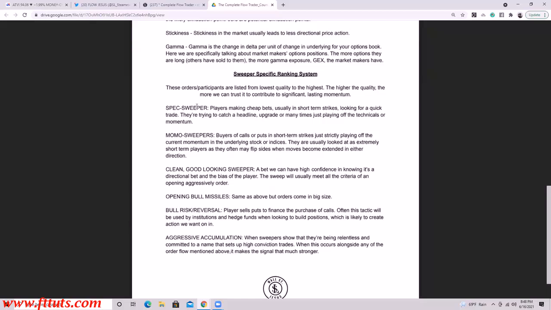They don't want to negotiate a size block and put it out there. They'd rather sweep 500 lots and piece in and stay under the radar a bit more, because they're not concerned about the premium they're dishing out. There's still that urgency there.